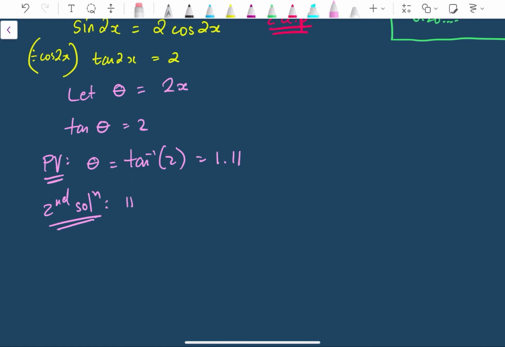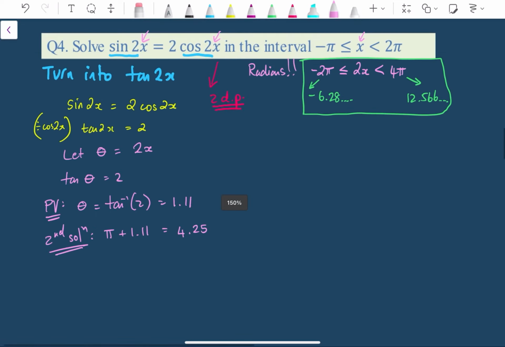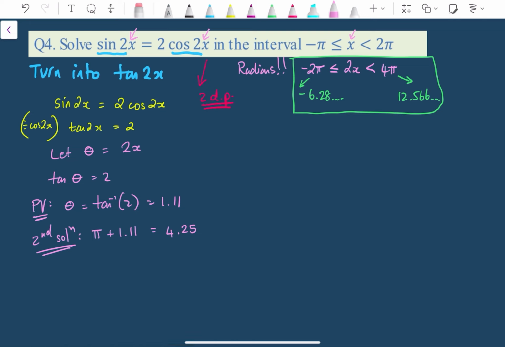So I'm going to say pi plus 1.11, which gives me 4.25 to 2 decimal places. It might be useful not to round yet and write 3 or 4 digits after the point, then round in the final step. But to keep things simple, I'm just going to stick to this strategy.